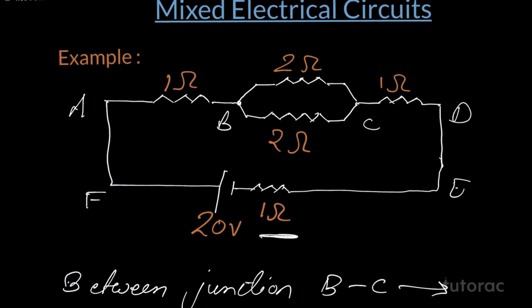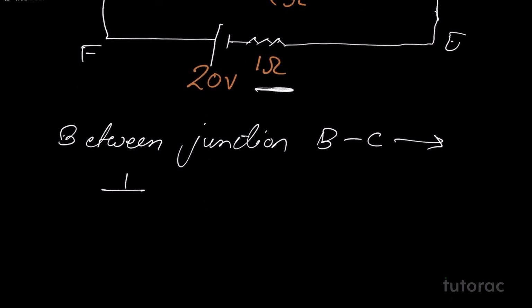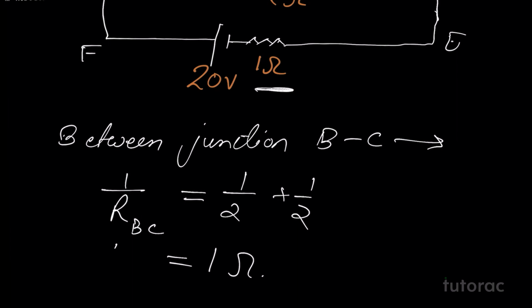That is 2 ohm and 2 ohm. So if I calculate their net resistance R between B and C, I'll get 1 upon 2 plus 1 upon 2. What it will be? It will be 1. So I'll get 1 upon RBC as 1, thus I can write RBC is nothing but 1 ohm.